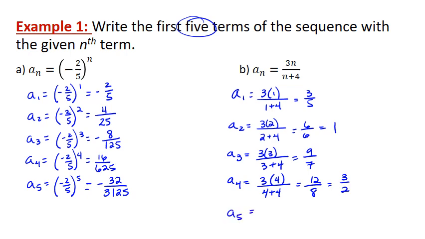Finally, the fifth term is 3 times 5 over 5 plus 4, which is equal to 15/9, and that reduces to 5/3. So that's the first part of this section, writing the first 5 terms. I'm pretty sure that you will think that that is doable and perhaps a little enjoyable as well.